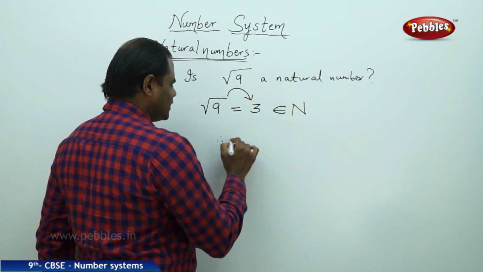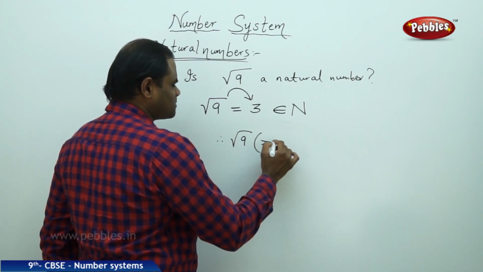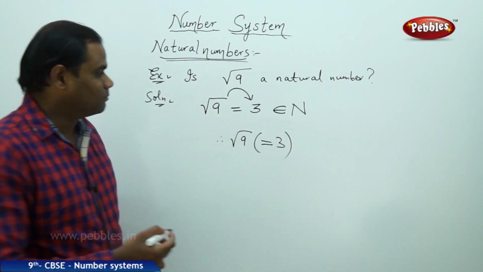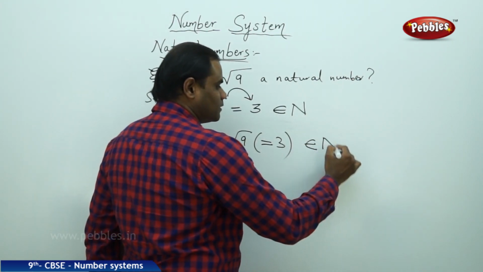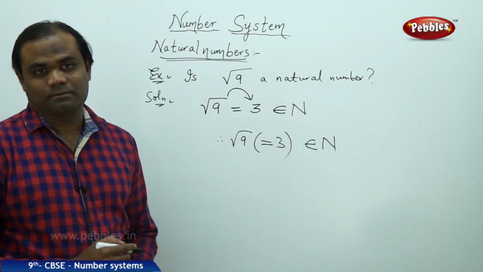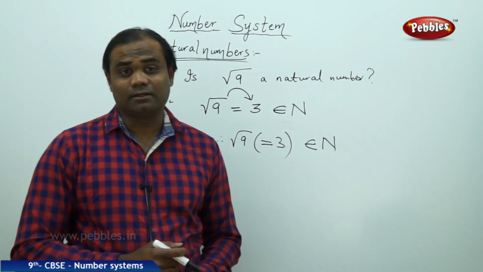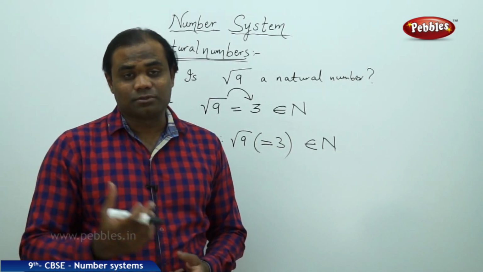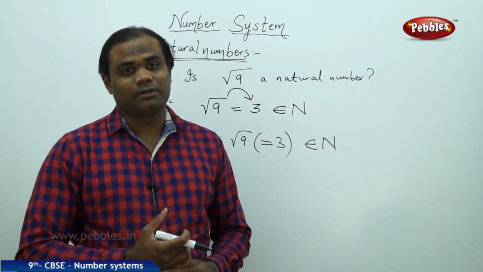And therefore, indirectly root 9, which can be expressed as equal to 3 after its simplified form, is a natural number, belongs to N, is how I understand the unsimplified questions given to be identified as a natural number or not a natural number.